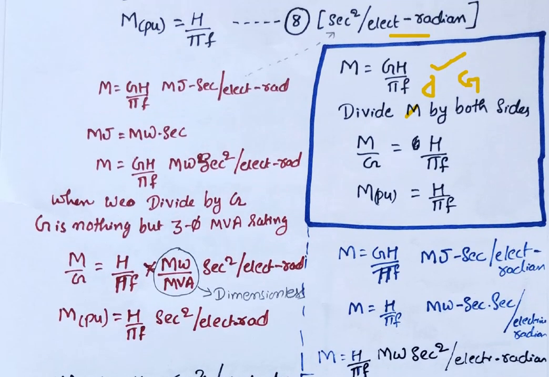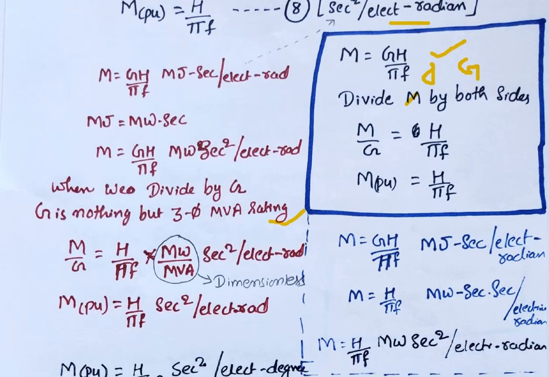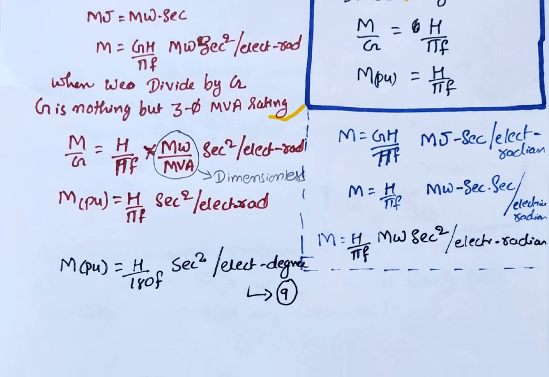When we divide by G, G is nothing but the three-phase MVA rating, as I said. See here, MJ is nothing but MW second.